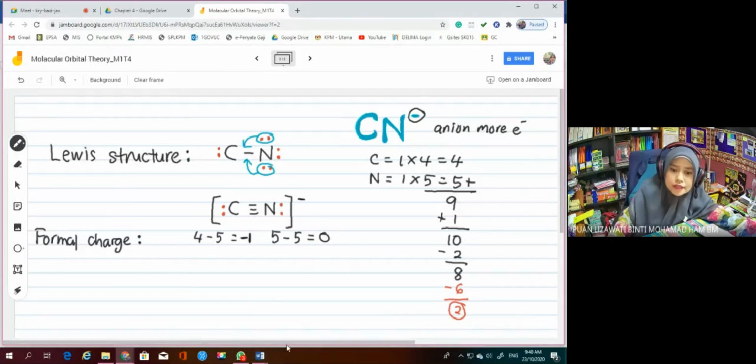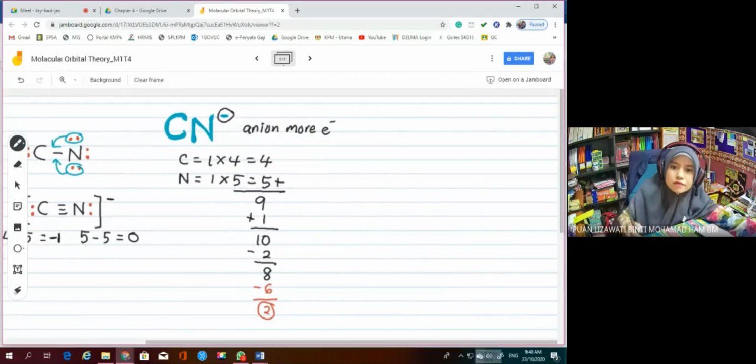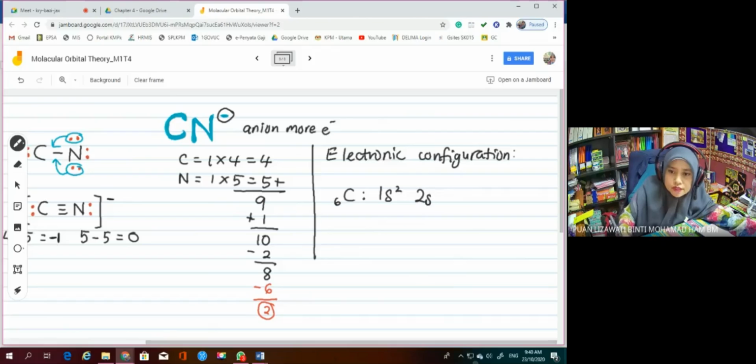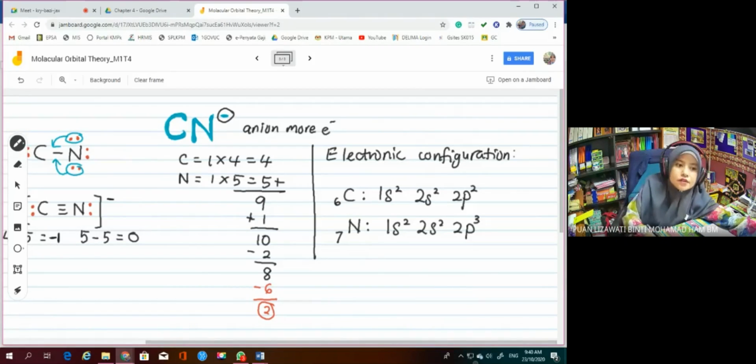Alright, for the next step, kita buat dia punya electronic configuration. Okay, alright, so remember, so for the overlapping, it just involve for the valence electron.